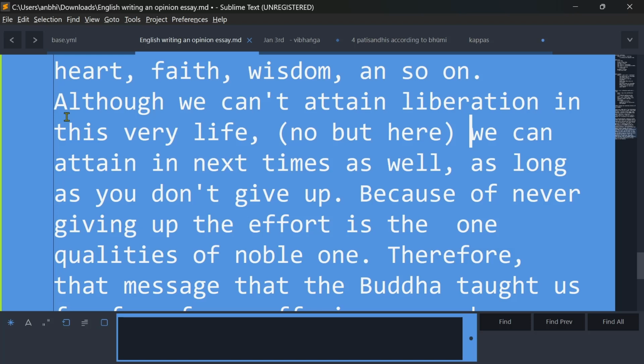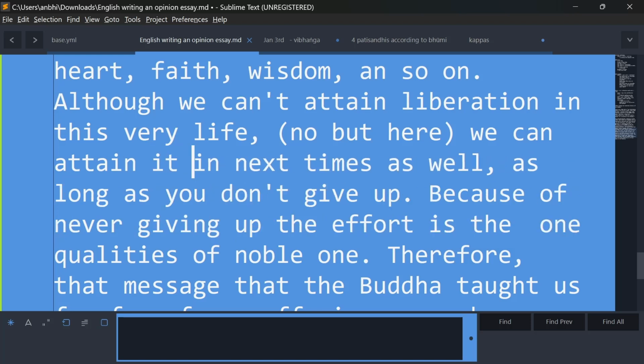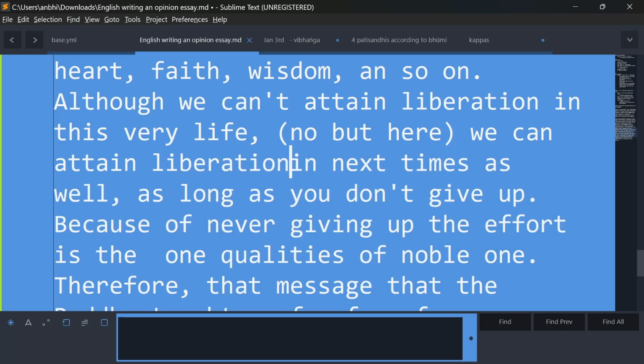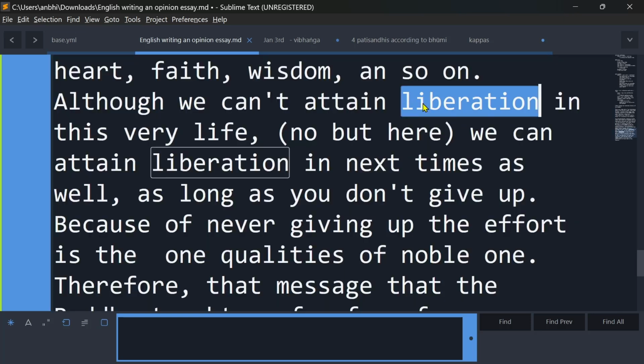Although we can't attain liberation in this very life, we can attain it. To attain requires usually a verb, to attain it. You see? So here you have to use a pronoun, "it." For example, don't put "liberation" again. Liberation is already here in the same sentence, you see?